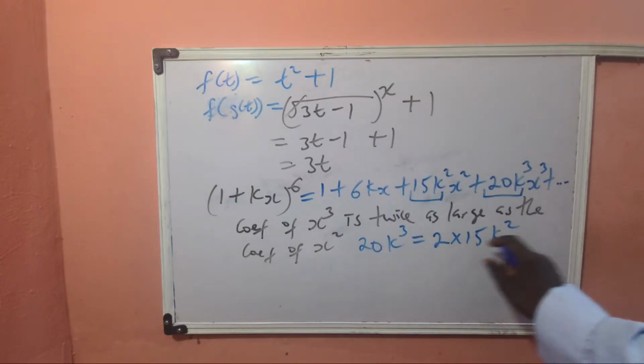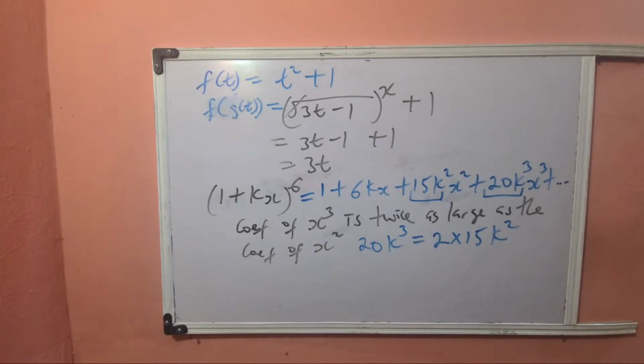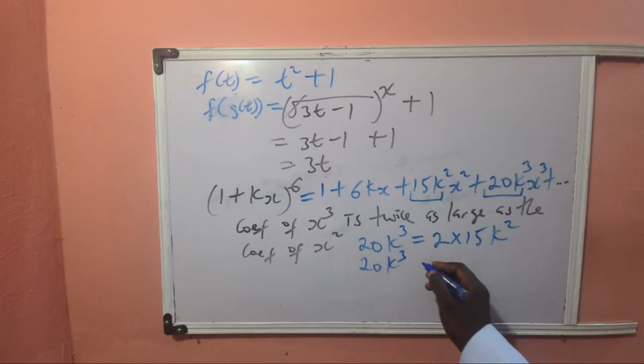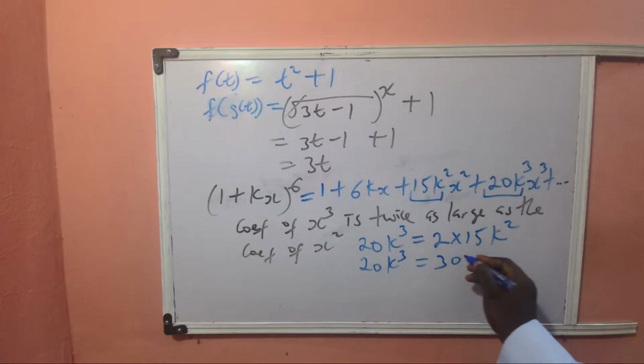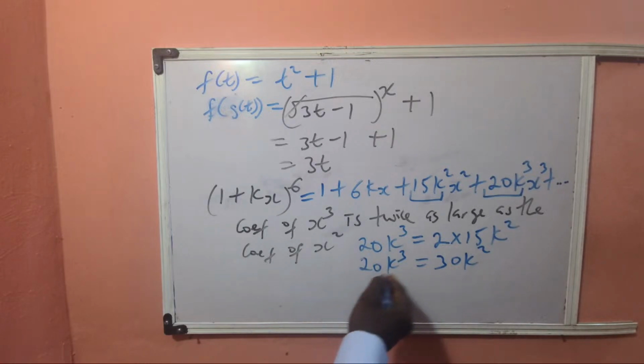This is the way you write it mathematically. And what you get here is 20k cubed is equal to 30k squared. We keep on solving this. Of course, we can bring all of them to one side.